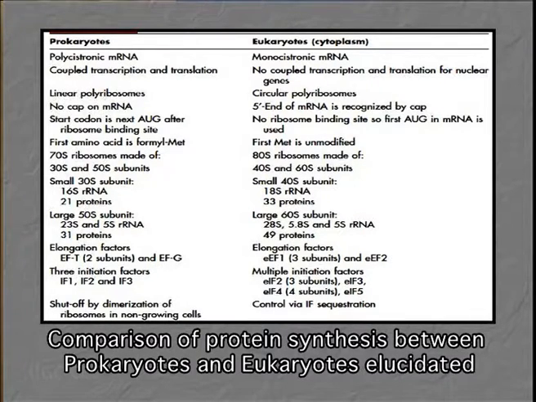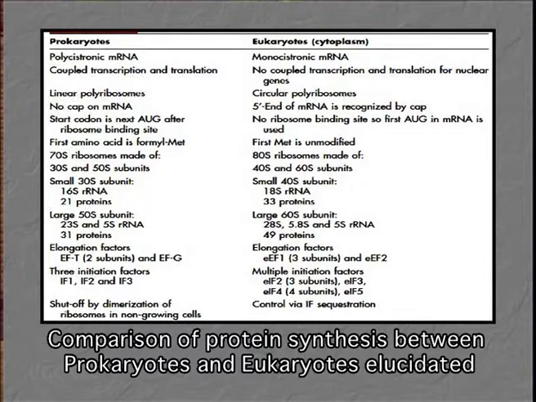And in prokaryotes, the shutdown of translation in energy depleted conditions is done by dimerization, whereas in eukaryotes, it is done by restricting the initiation factors.